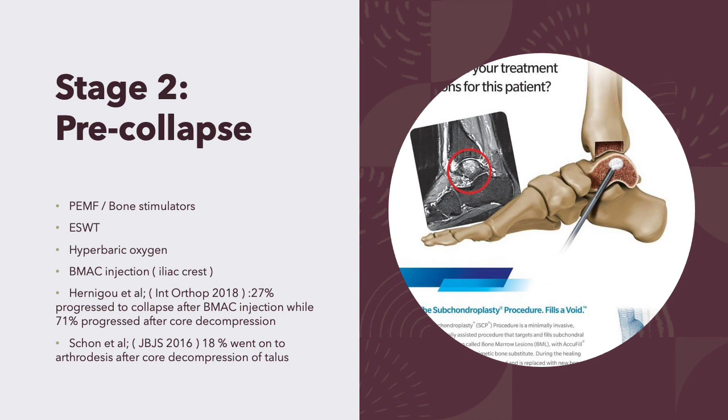Additionally, things like pulsed electromagnetic field bone stimulators, shockwave therapy, hyperbaric oxygen, and BMAC injection from the iliac crest have shown some promise with regards to preventing collapse, or at least extending the period of time that it takes for the bone to collapse.